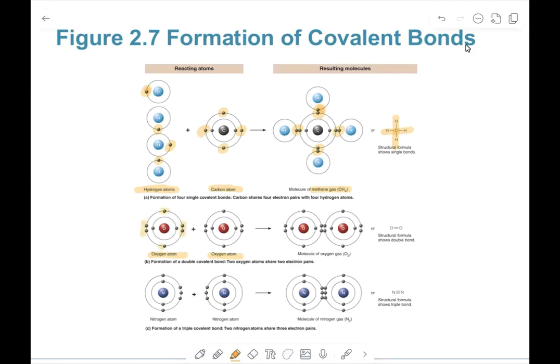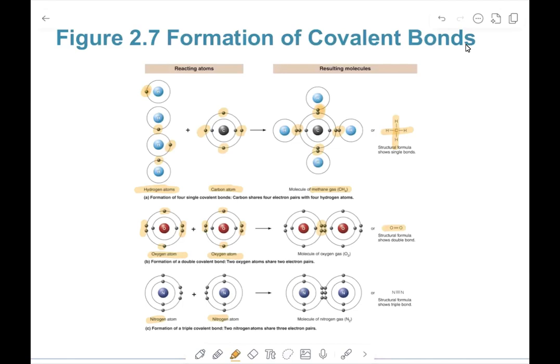And since each oxygen is going to share with each other, it does this so that now 4 total valence electrons are being shared, making a double bond between oxygen. In the case of nitrogen, nitrogen is in group 5. So if it's in group 5, you should know that that means it has 5 valence electrons.